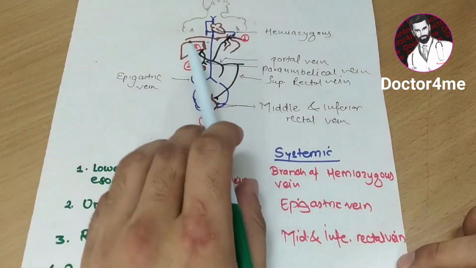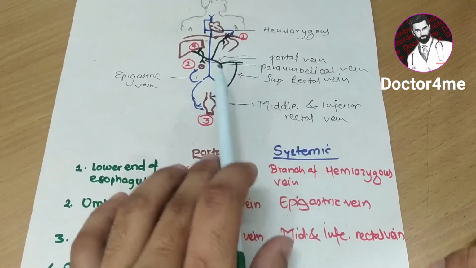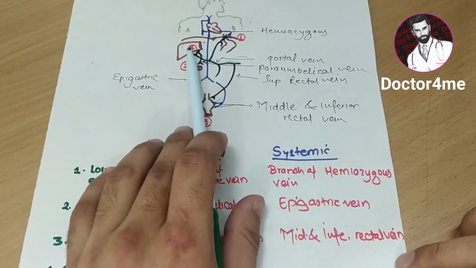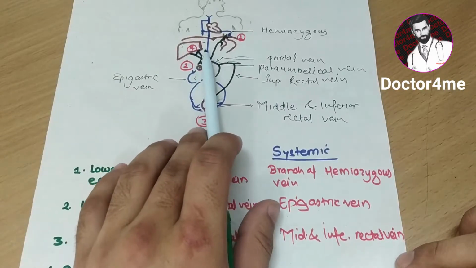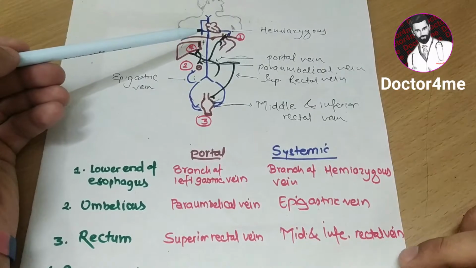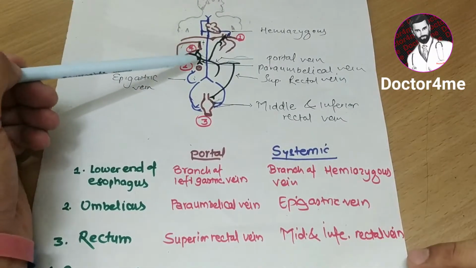Whenever the blood from the GI system cannot be drained through the liver to the systemic circulation, the pressure will increase in the portal system.